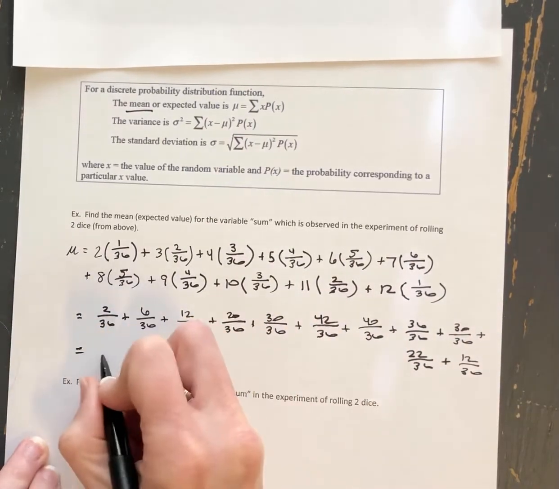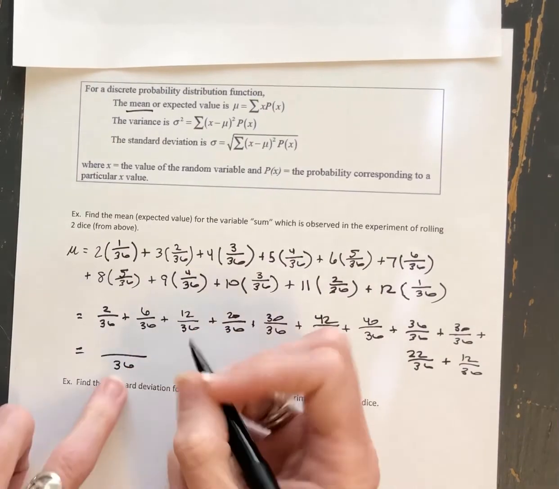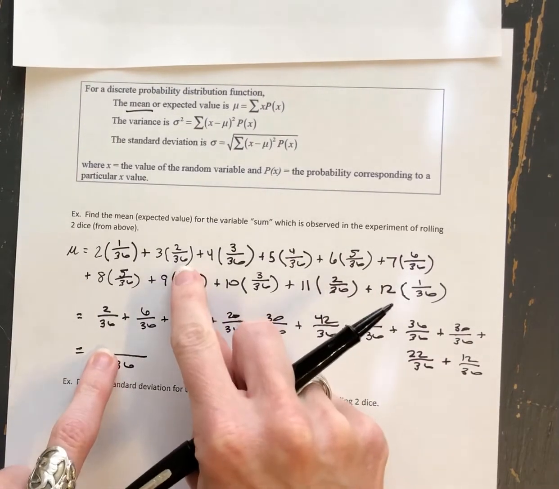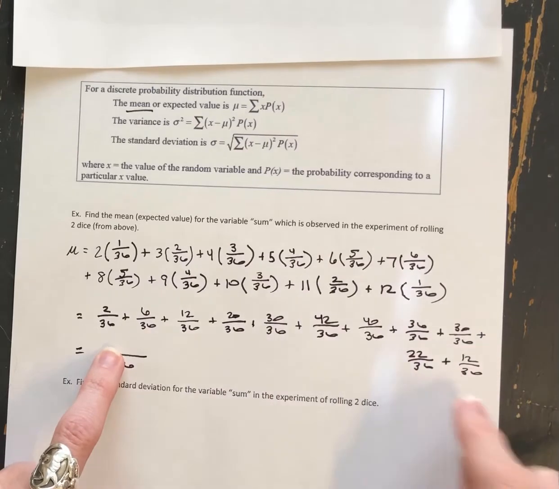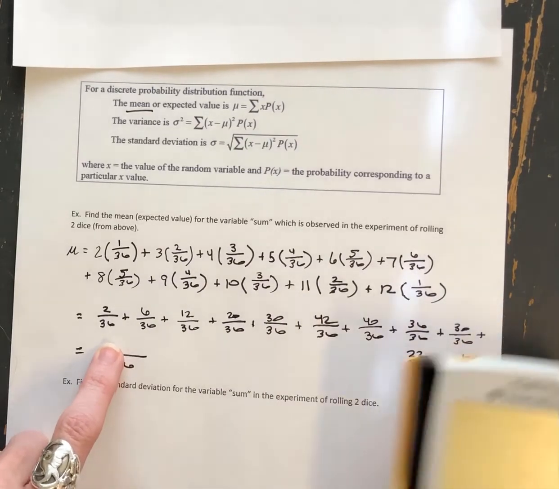And so if we add all of those up, and that's why you'll see I didn't reduce any of these fractions because I wanted to keep that common denominator.